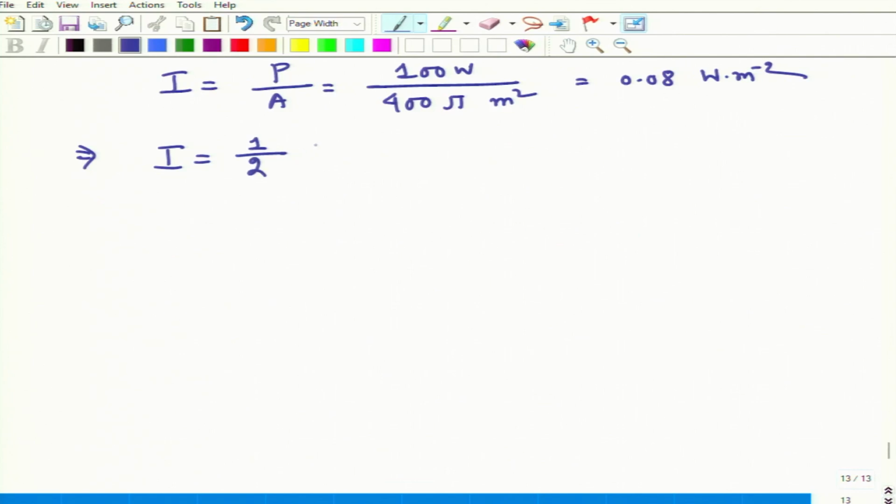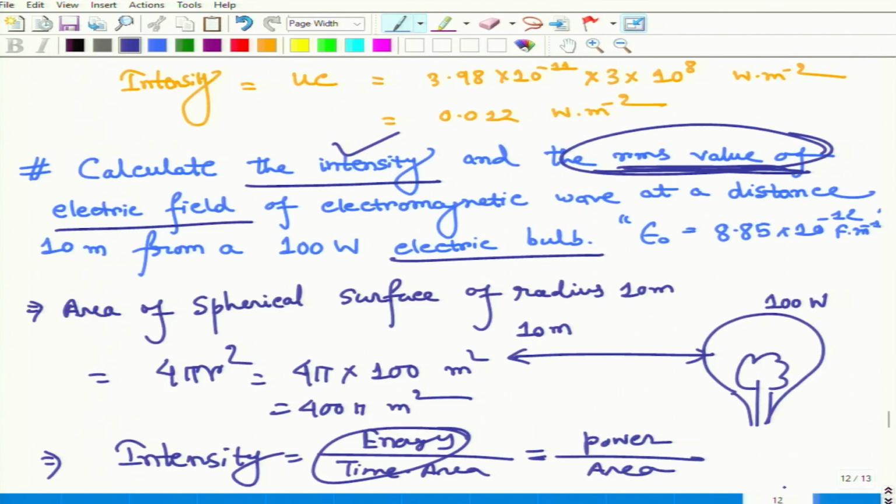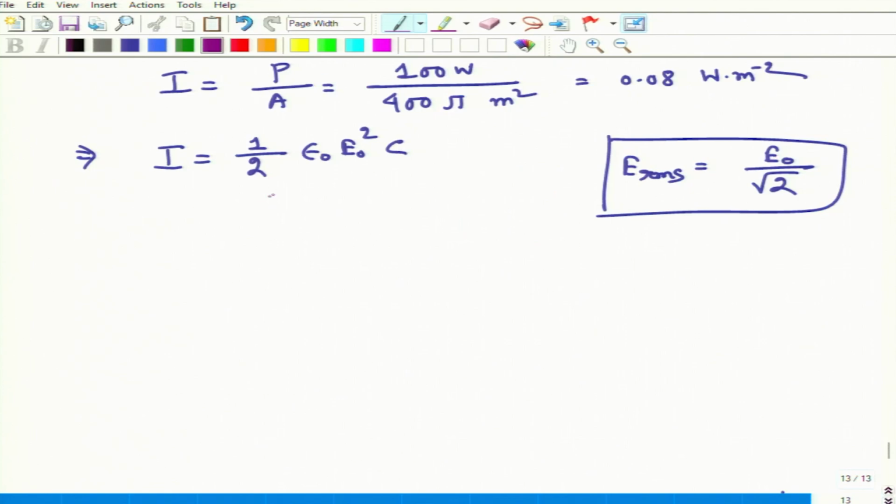We will write down the general formula, which is I equals epsilon naught E naught square by 2 into C. Actually, not E naught, but E RMS. What is the E RMS? E RMS is defined as E naught divided by root 2. This formula is required. The RMS value is given, right? So it is E naught by root 2, so E RMS square equals E naught square by 2.